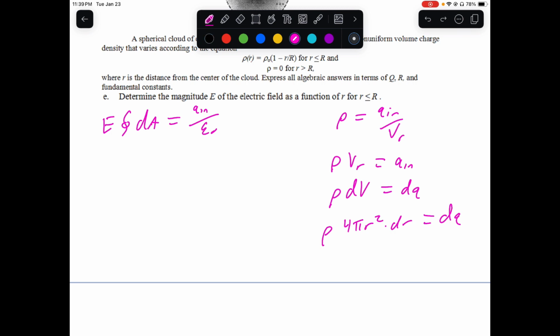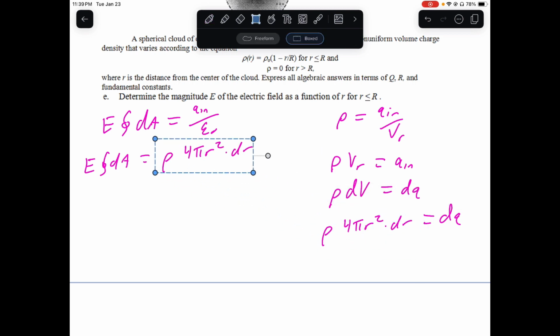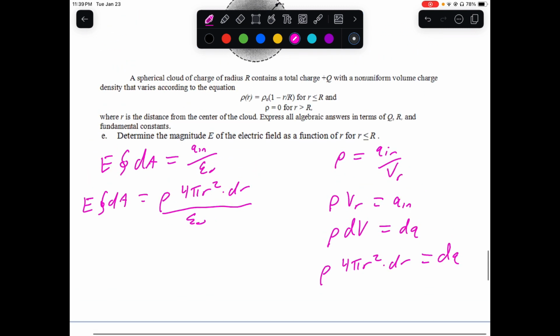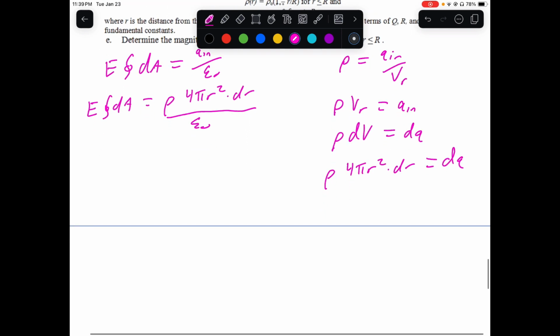So then E dA is equal to this mess right here. I'm going to copy it. I'm afraid now that I'm going to make an algebra mistake. So this mess here over epsilon naught, and the rho is this function. Oh my goodness. I feel like I'm going to need some more space here.